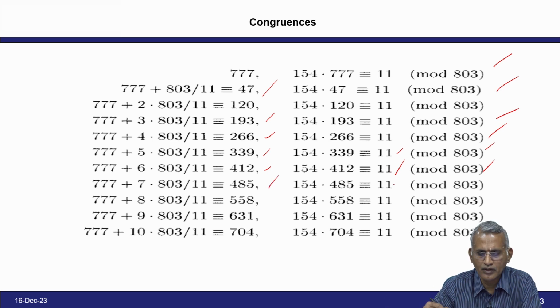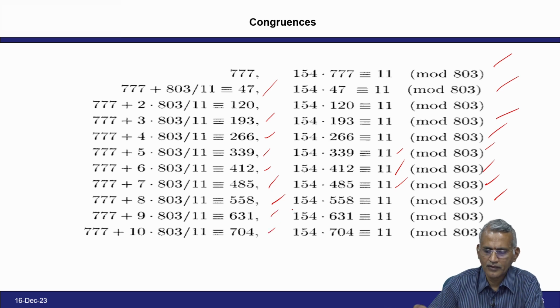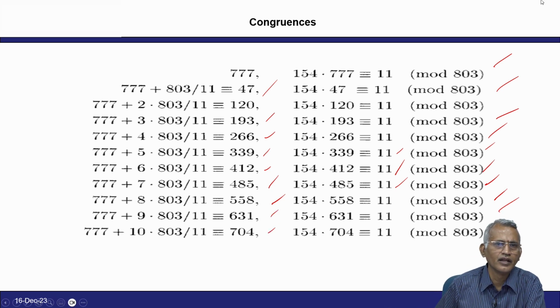Therefore, 154 into 485 is identically equal to 11 under modulo 803. Then 777 plus 8 into 803 by 11 equals 558, and correspondingly we have 154 into 558 identically equal to 11 under modulo 803. Similarly, for the rest of them we can do like that. So, this way we can write the congruences in terms of one another. Thank you.